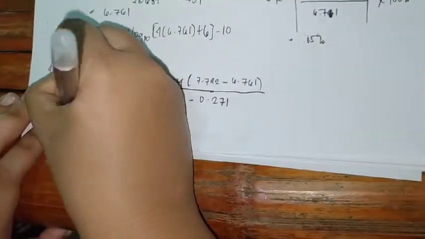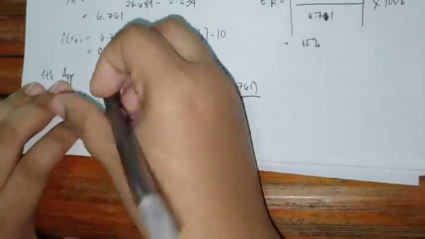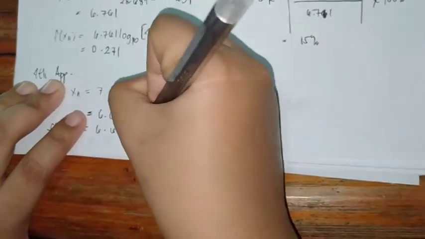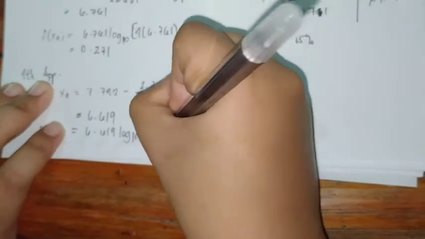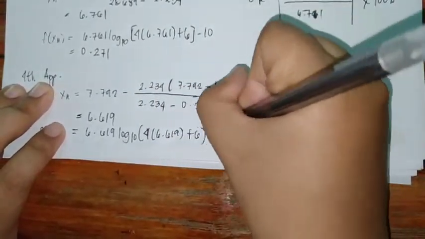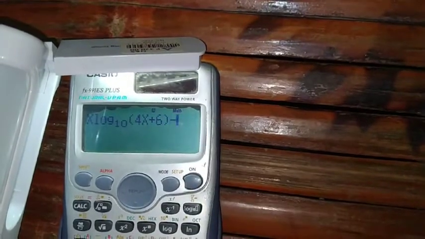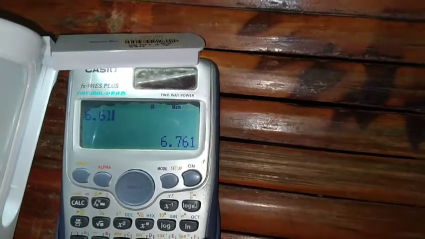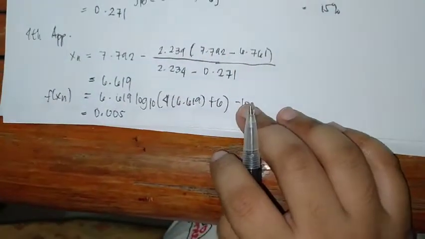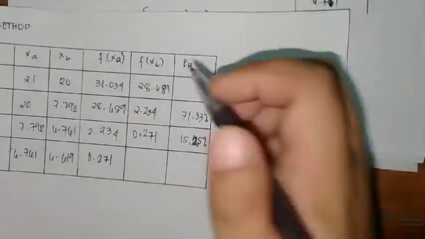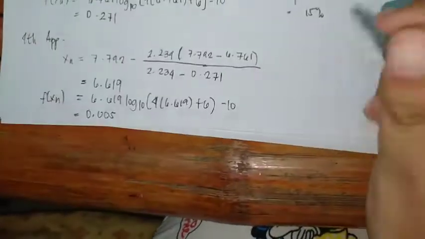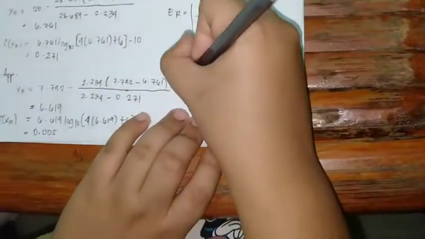So we have f(x_n) = 6.619 log10(4 times 6.619 + 6) - 10. So we have 0.005.